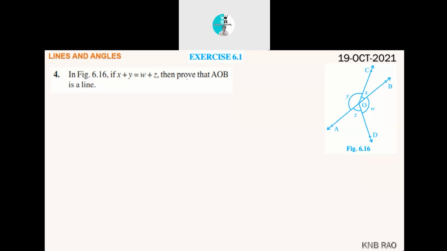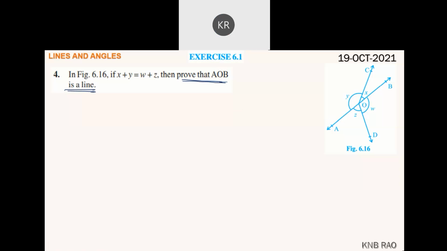It is given. Now, children, prove that AOB is a line. This actually means angle AOB is 180 degrees. We have to prove that it is 180 degrees, then axiom 6.2 will come.